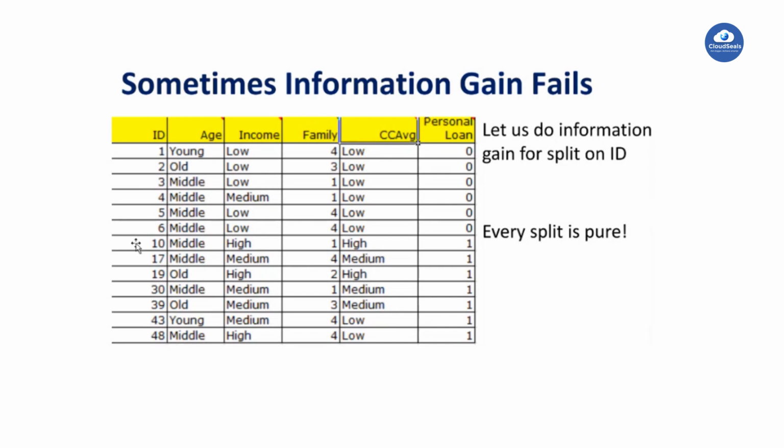Whenever a new data point comes, if that data point doesn't have these 13 values, it has some other value. Shall we be able to split whether it is personal loan 0 or 1? No. Why? Because we don't have the data point information. What we need to do?